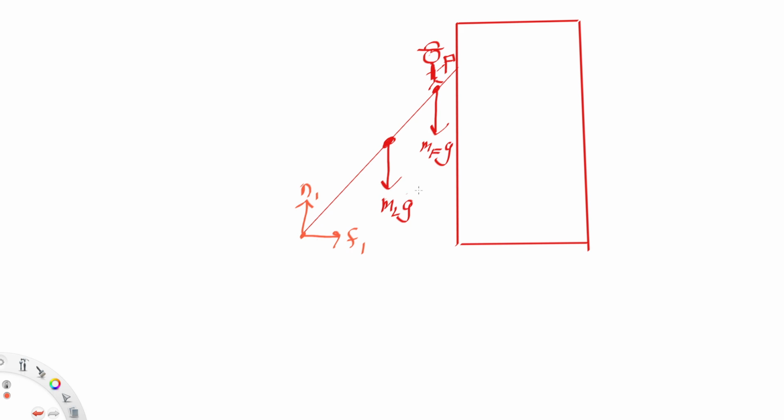Right? Because anytime you've got contact with a surface, you're going to have a normal force. There is also a normal force from the building to the ladder, and there is a friction between the building and the ladder.